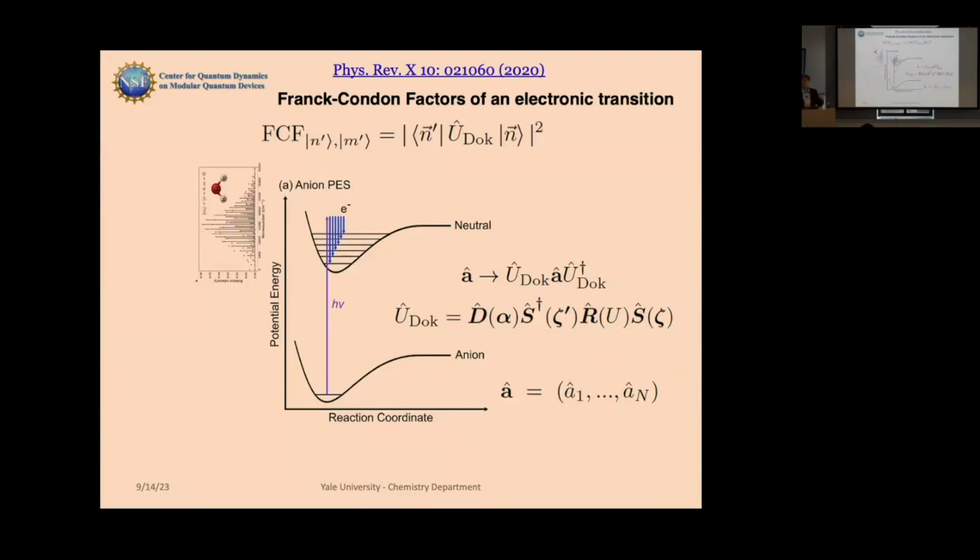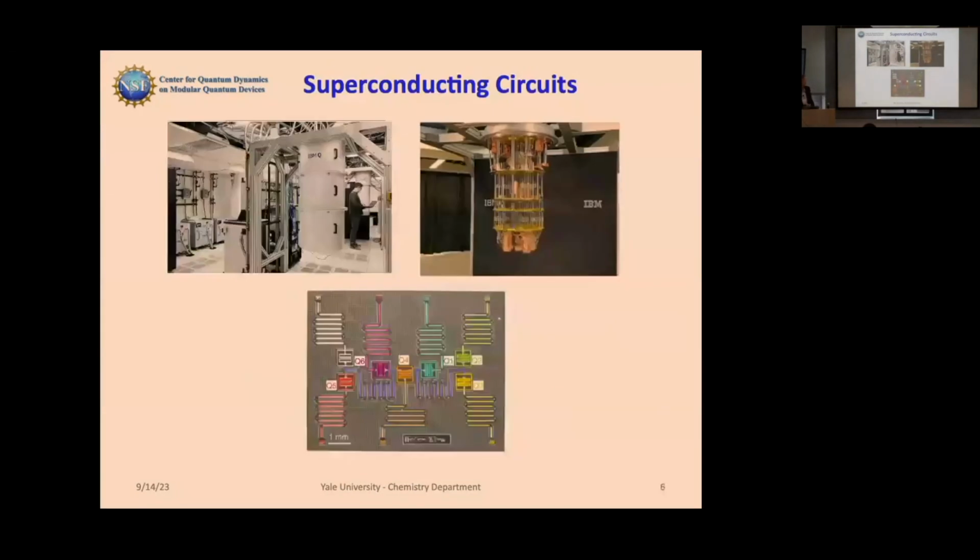In this case it was the symmetric stretch and the bending of water, and we were able to compute the Franck-Condon factors, which is a calculation which is impossible with conventional quantum computers like IBM's, because it would require circuits with a depth of more than 1,000 gates. Nowadays, the limitation in terms of number of gates, the circuit depth, is of the order of 100 or so.